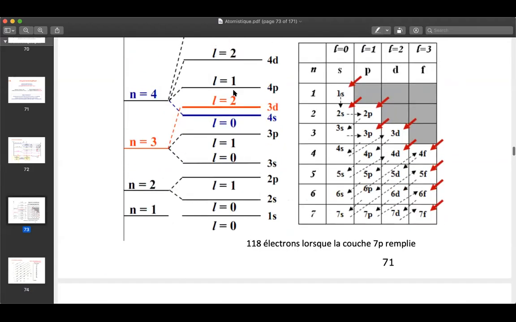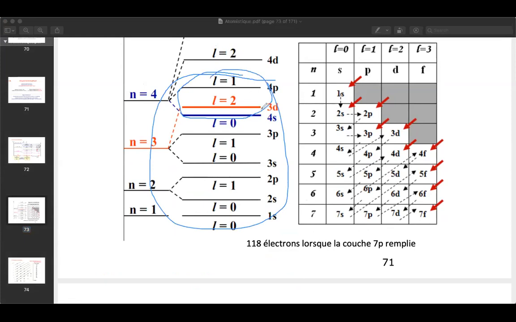So what I'm trying to explain here about the fluctuation of energy is what you are seeing in this representation. Especially this part here. We're supposed to have a 4. From the 4, normally, we go to the 4P.